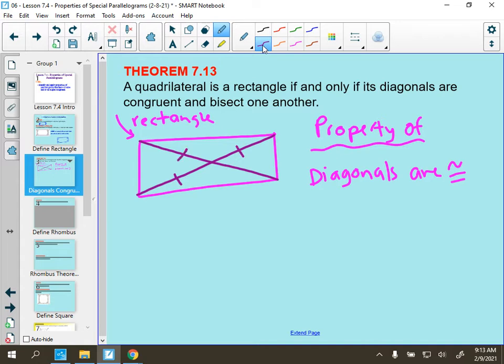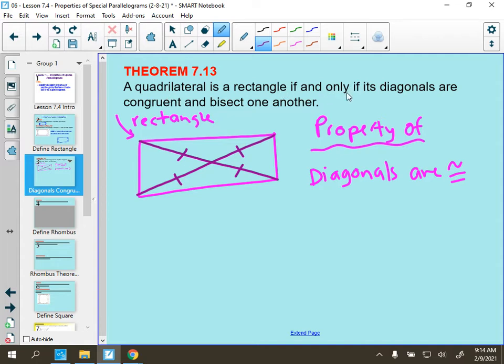They bisect each other, but now the full distance, the length of each diagonal, like this diagonal right here, has got 2 tick marks on it. This one's got 2 tick marks, so they're both the exact same length. So we would say their diagonals are congruent. This is also another way to kind of prove that a quadrilateral is a rectangle.